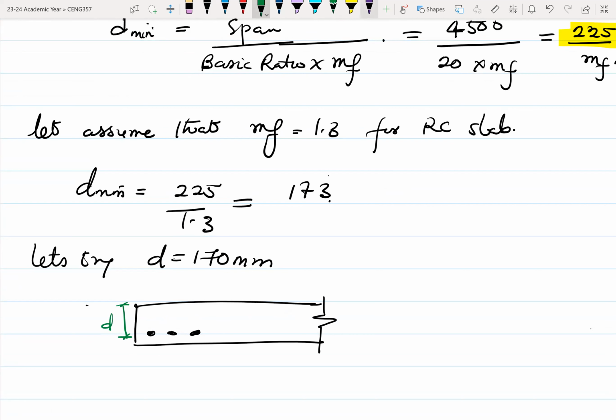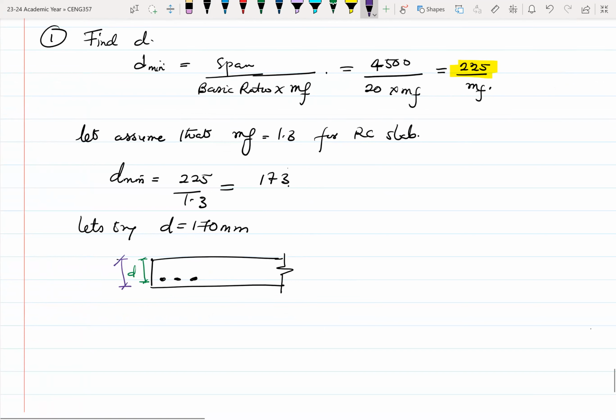Okay. We still don't know the height of this slab. Normally in design, you also determine the height of the slab. All right. So to determine the height of the slab H, it's a fairly straightforward process.